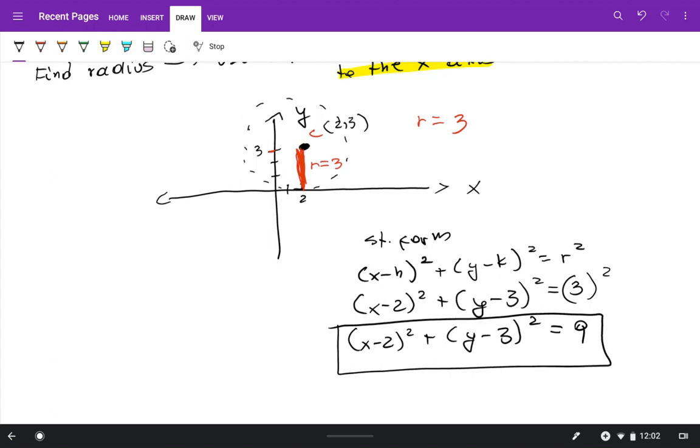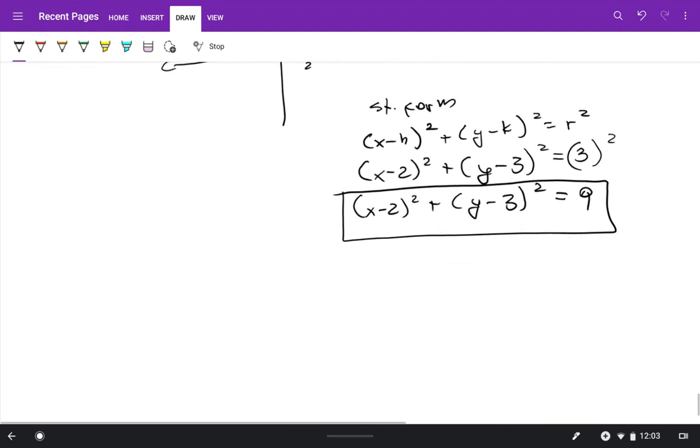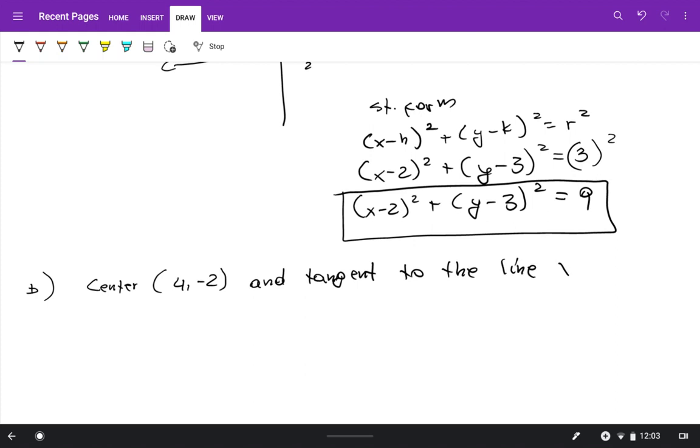So, okay, what else may you see? A similar problem to this one. I know it's a long lecture, but again, you may have to write the equation of a circle in standard form when you know the center, (4, -2), and it's tangent to the line x = 1.